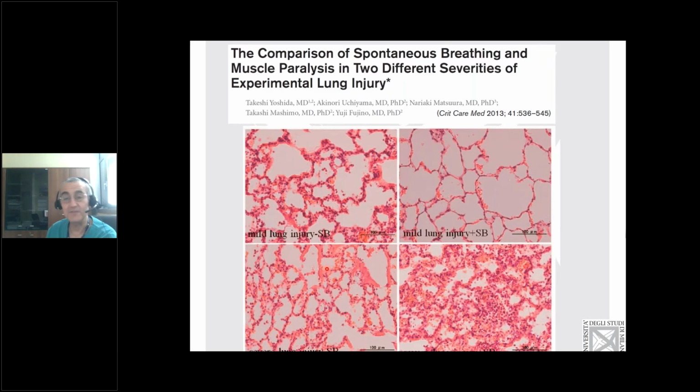There are experimental data that suggest that if you get a mild lung injury subject and you apply spontaneous breathing, the situation gets better. But if you get a severe lung injury and you apply spontaneous breathing, you get a worse injury.